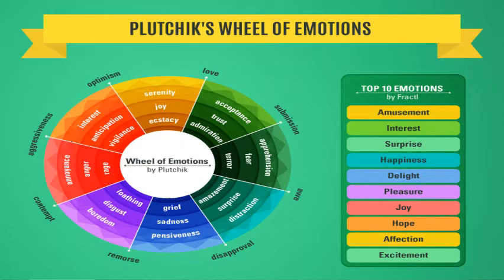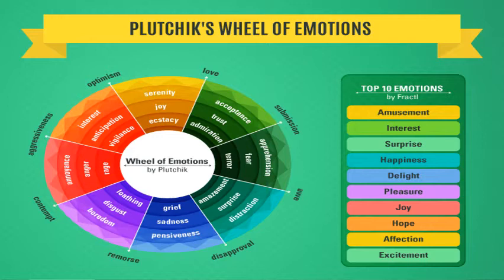So this is Plutchik's wheel of emotions. In this figure, Plutchik describes the inner circle as the strongest emotions: vigilance, ecstasy, admiration, terror, amazement, grief, loathing, and rage. Then the next circle are the basic emotions, which have moderate intensity: anticipation, joy, trust, fear, surprise, sadness, disgust, and anger.